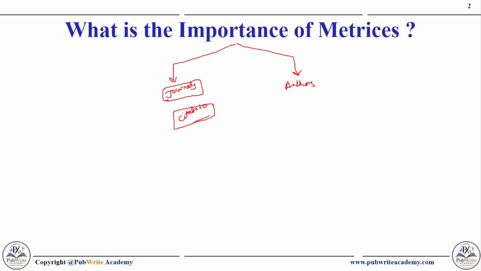So okay, he is a very reputed scientist or researcher. People are referring to his work in so many ways, like he got 1,000 citations. It's a kind of earning, and it is one of the most important earnings that a researcher or a scientist or a professor can earn from their work.